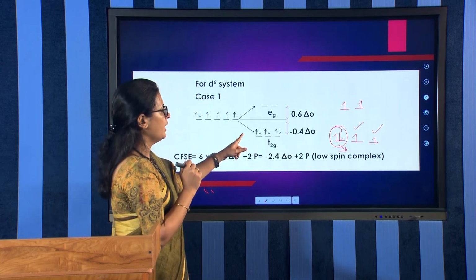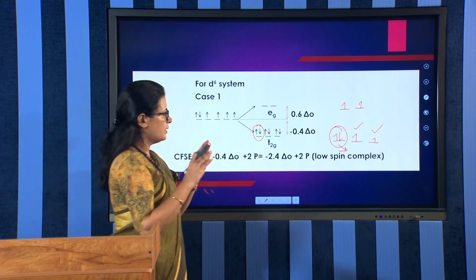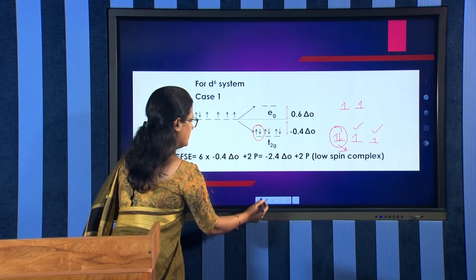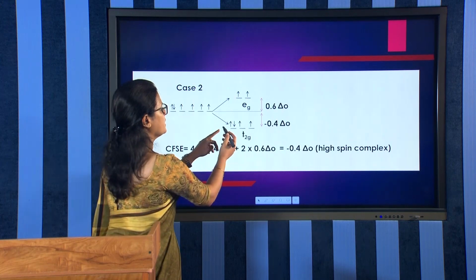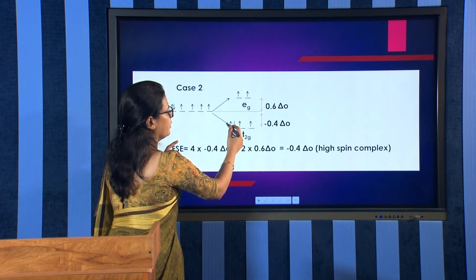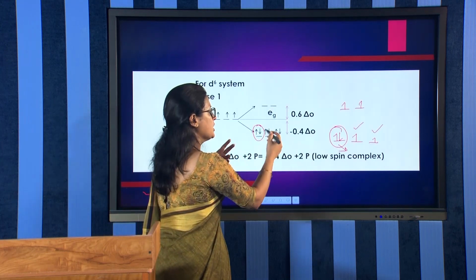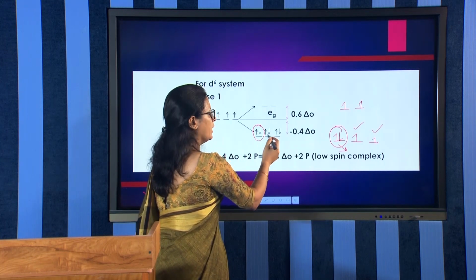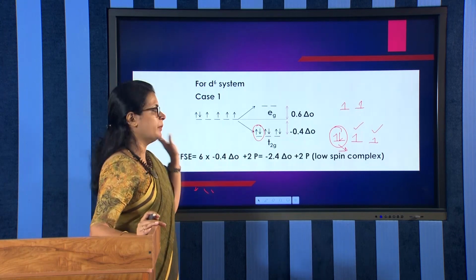This is case 2, which means a high spin complex. Here this is already paired, but additionally we are pairing these 2 only. So we have to add only 2 pairing energy and not 3 pairing energy.